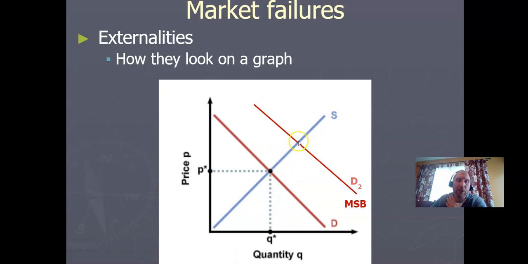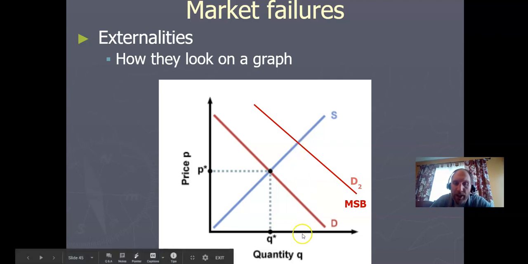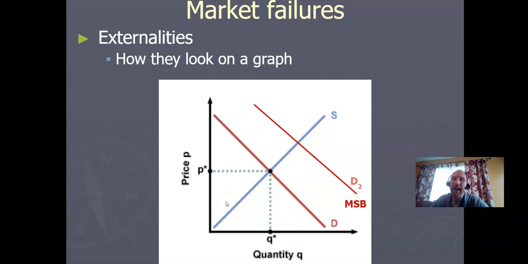All right, and in that situation, if we were to take into account the increase of the benefit of vaccinations, we should really be producing a much higher quantity of vaccination. And so that's pretty much externalities. I kind of flubbed through the last part there, but hopefully it makes sense.